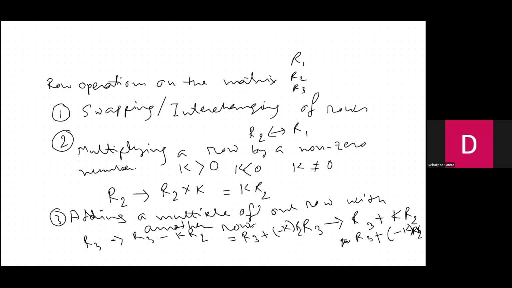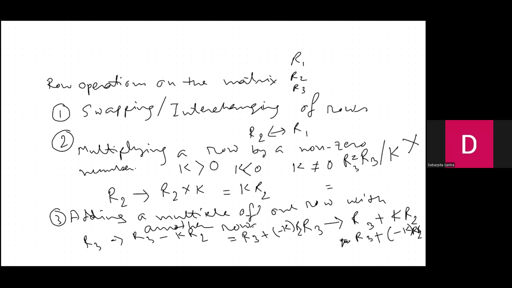So this is the same thing as addition. Similarly, if we want to divide a row with a non-zero number, as per the row operations here only multiplication is possible, but division is also possible. But how? Suppose we want to divide R3 with k. We want to write R3 is equal to R3 by k, but that is not allowed here. So only multiplication is allowed.